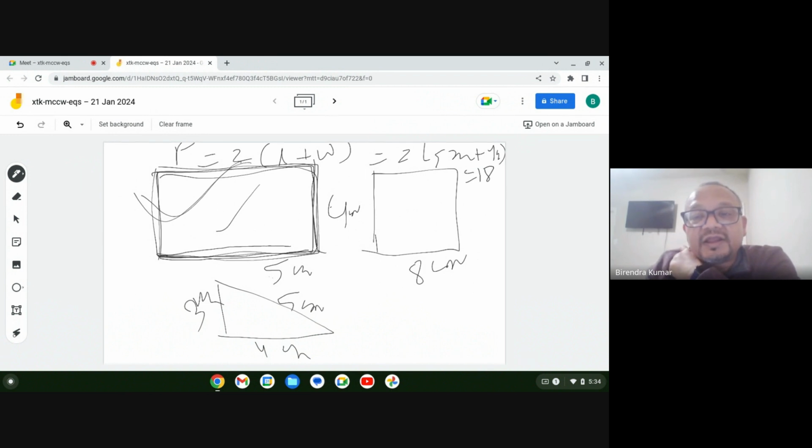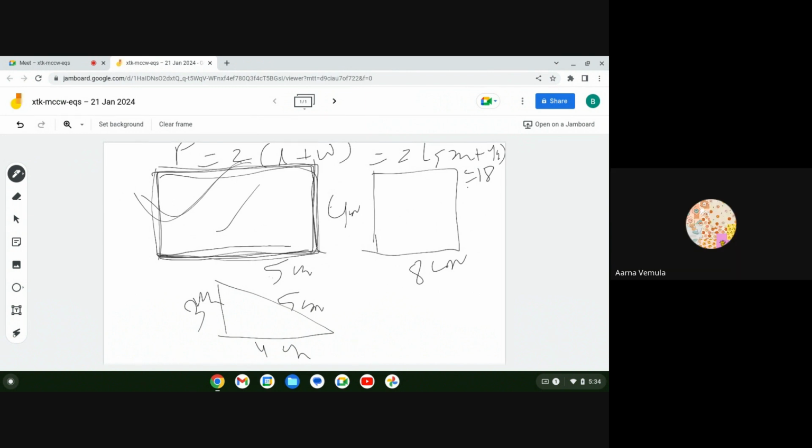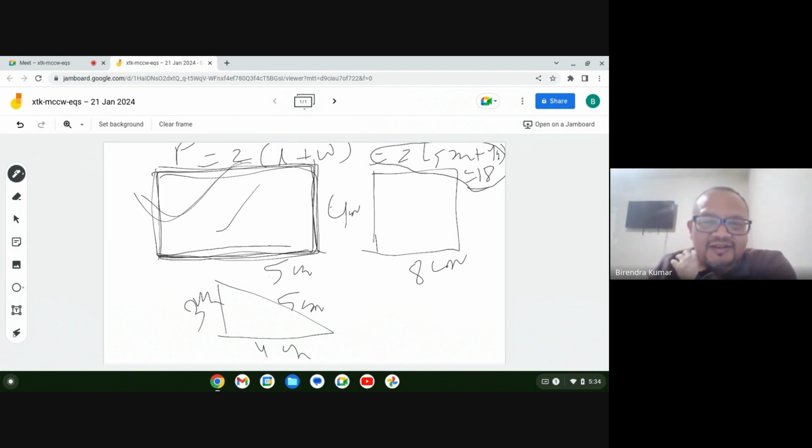After that, what unit will it be? It will be 18 what? Centimeter, or centimeter square? It will be centimeter. Yes, you're right.